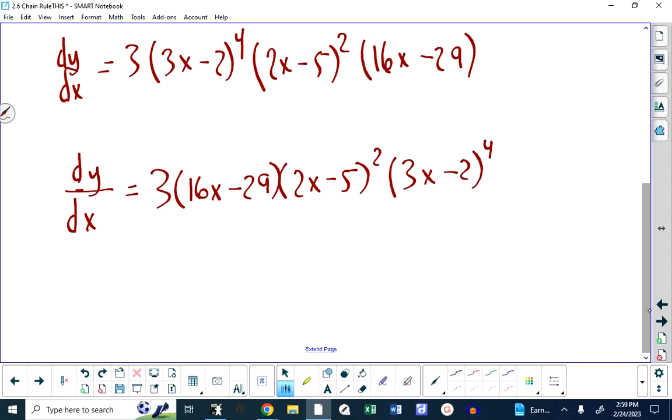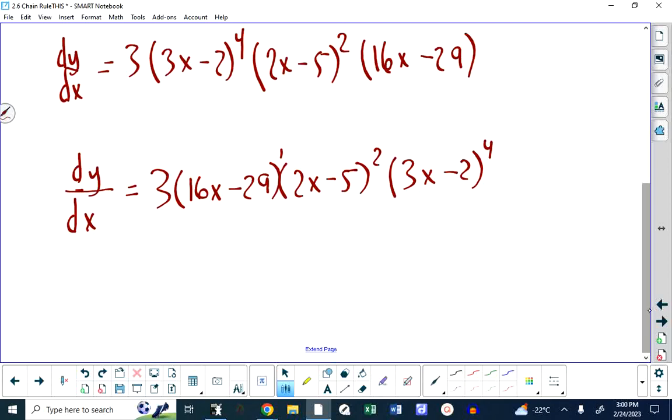Usually, if you see answers typed out, they're written in increasing degree on the variable. So since 3 is a constant number, it's degree 0, there's no x's. This is raised to the 1, this is raised to the 2, this is raised to the 4. I don't care which way you write it. I just want to point out, if you look at the back, the factors may be in different orders.